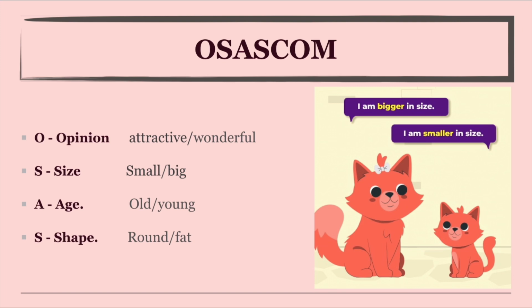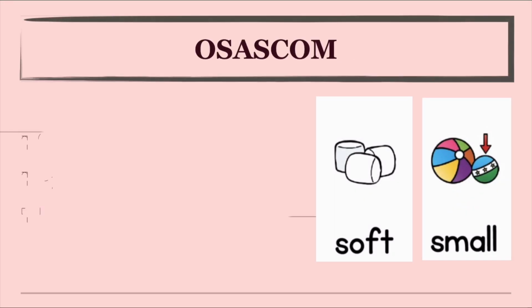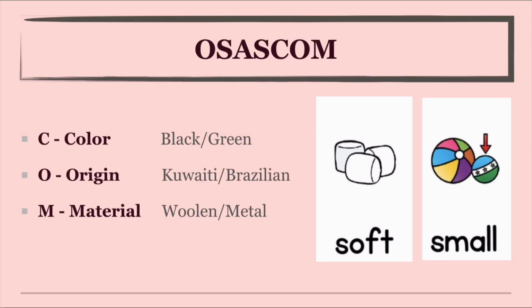The other S stands for shape, such as round or fat. And moving on, we're going to have the C that stands for color, such as black or green. The other O stands for origin, such as Kuwaiti or Brazilian. And last of all, we have the M that stands for material, such as woolen, or for example, we can say metal.